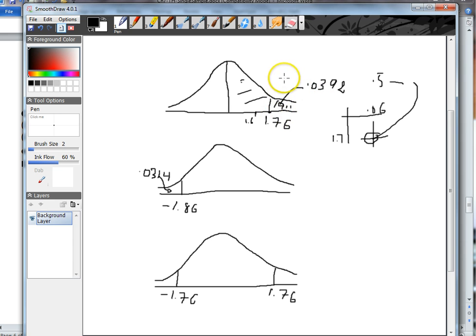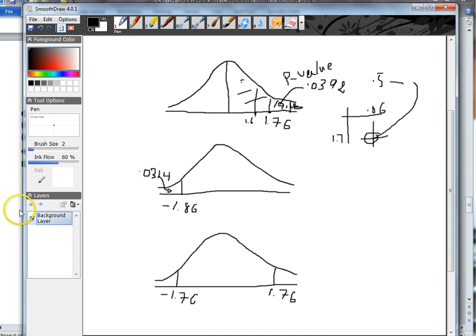That's called the p-value. Now if my alpha is 5%, this is less than 5%, I reject. If my alpha is 1%, my alpha would be up there and this would be larger, so I do not reject. I'm just comparing areas to areas in this case.